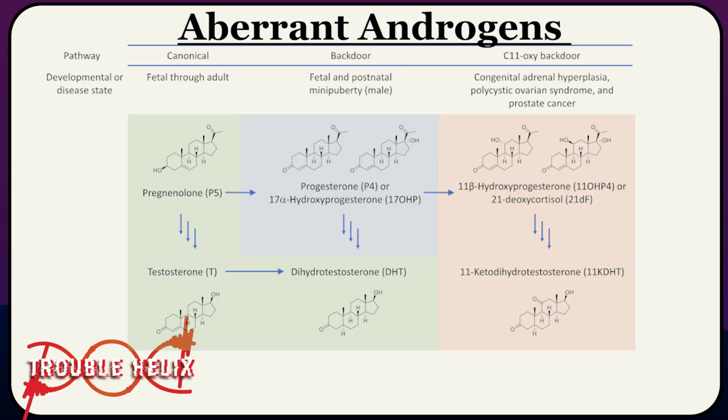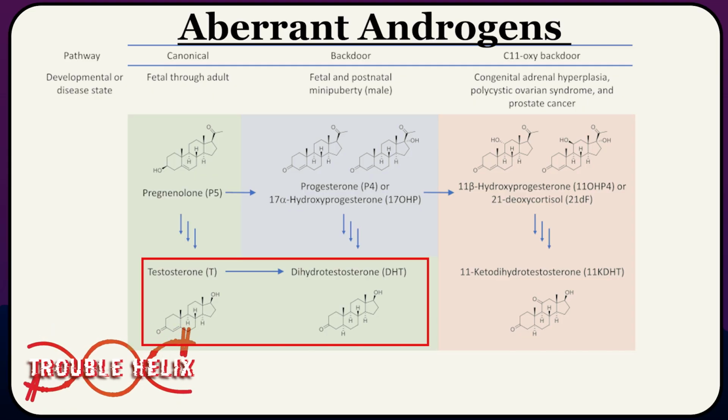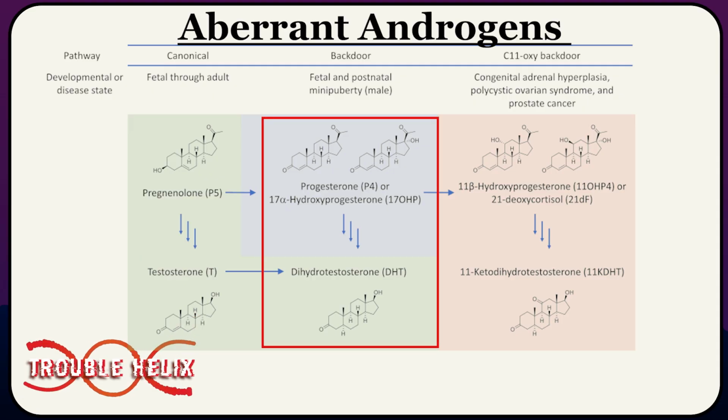Normally, testosterone will undergo a 5-alpha reduction to become DHT in the testes. If we take the backdoor pathway, we can bypass the creation of testosterone and get to DHT by performing a 5-alpha reduction on 17-OHP and progesterone.